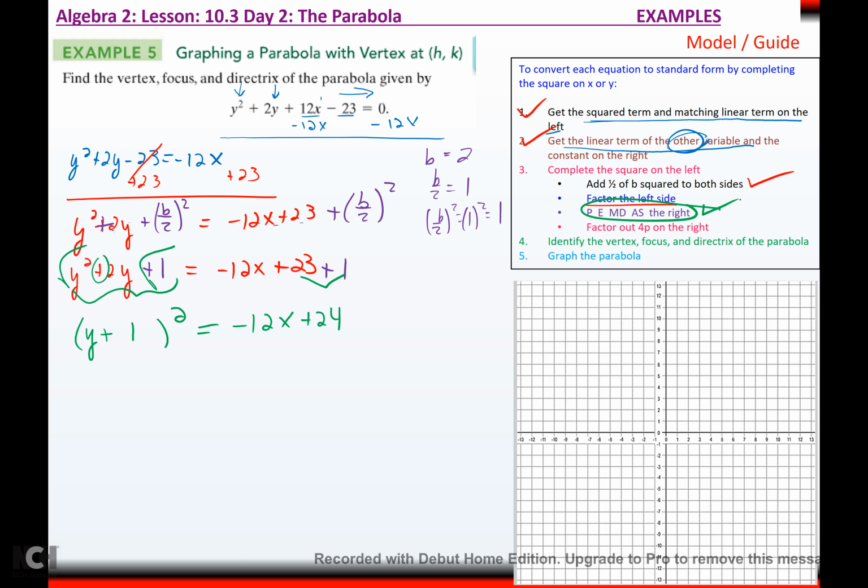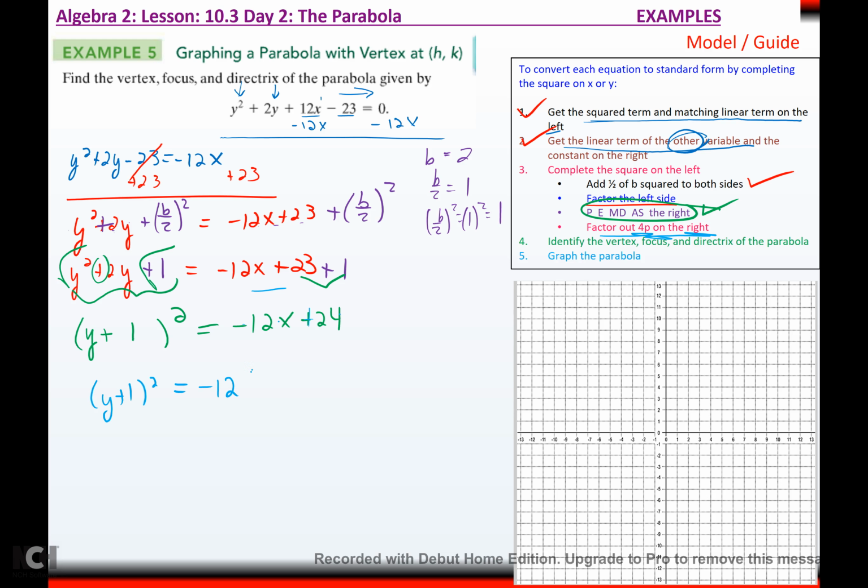Done. Now, the next step, this is kind of different for us. The next step says factor out 4p on the right. And remember, this side is done. This side is good. If I factor out 4p, whatever that is, whether it goes into this other guy evenly or not, I don't care. Whatever touches x is your 4p.